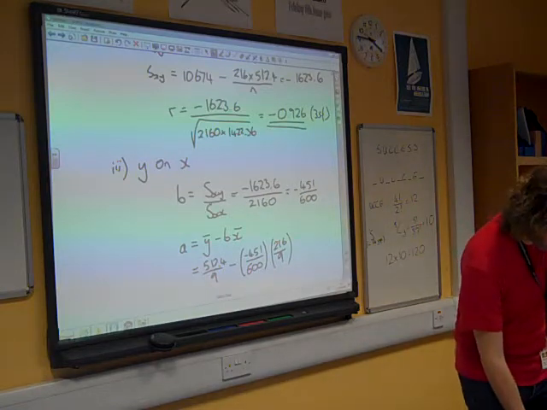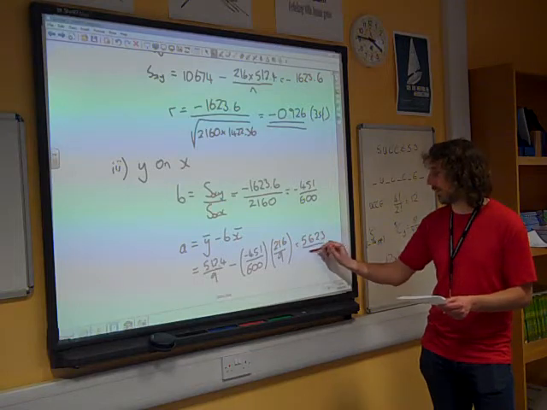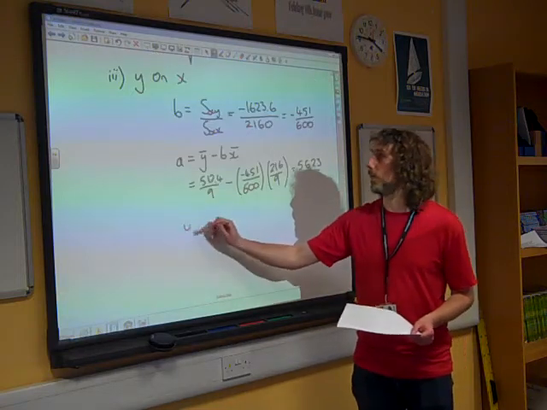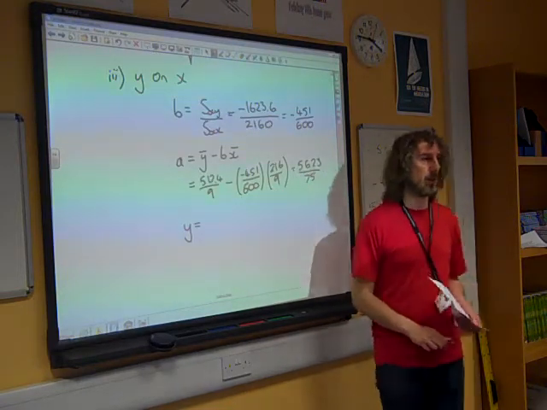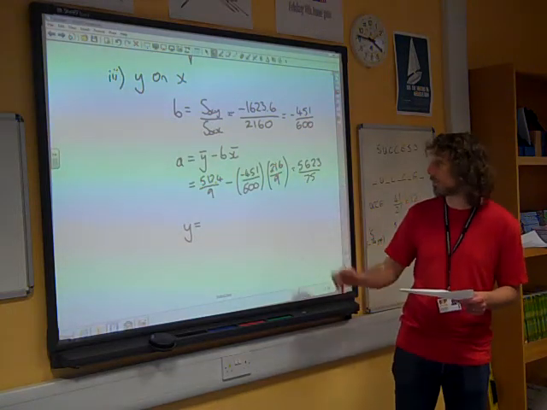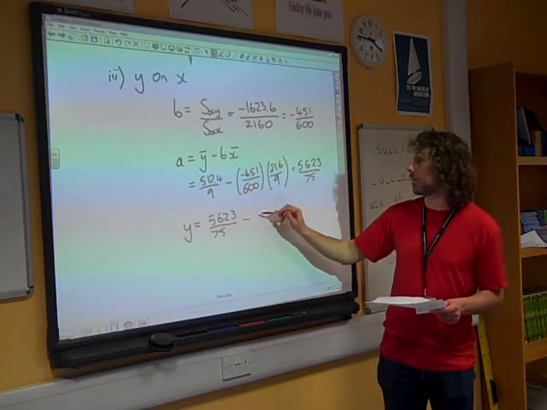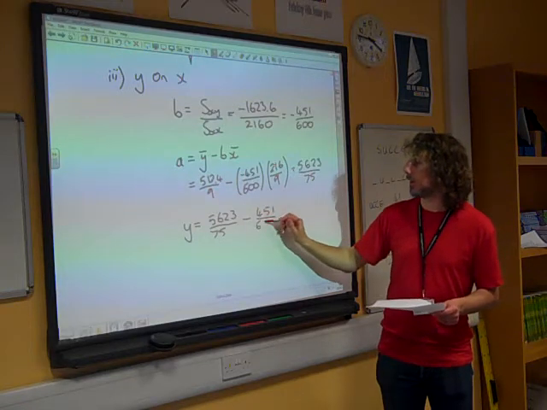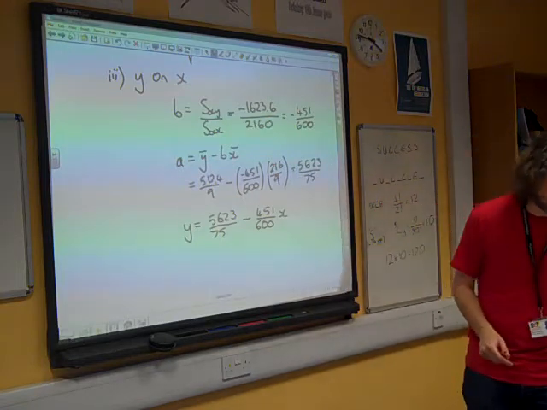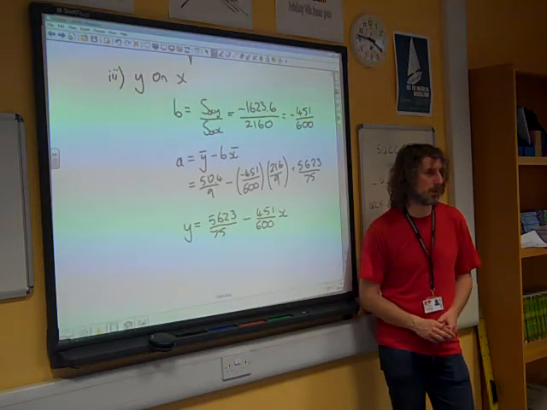And if again we put that in the calculator, we get 5623 over 75. I think it's maybe a little bit obsessive for me to keep doing this in fractions, but I'm going to. So again, the formula booklet says the line is y equals a plus bx. There is our line. And that would be enough. The mark scheme probably allowed these coefficients to 3 significant figures. That's fine.